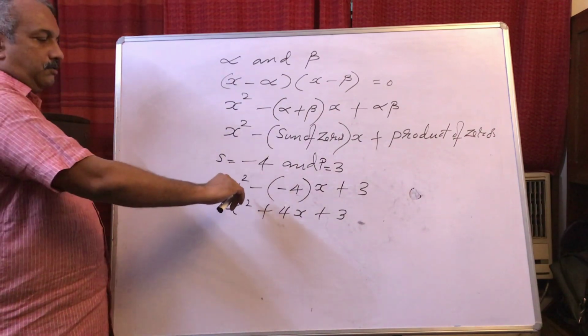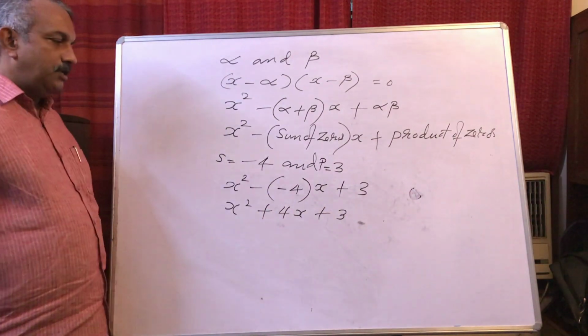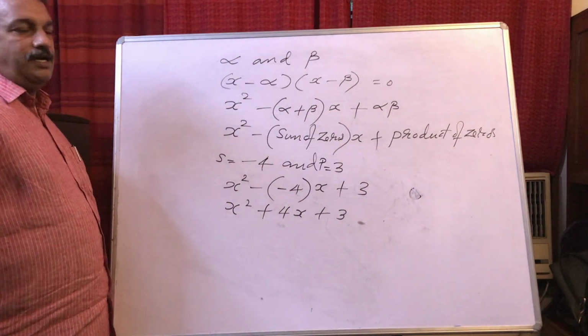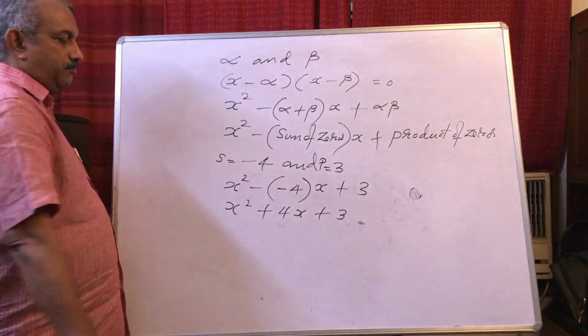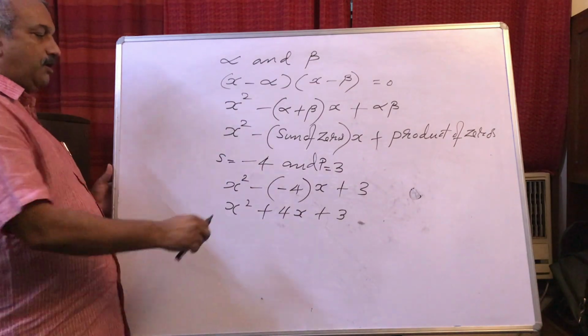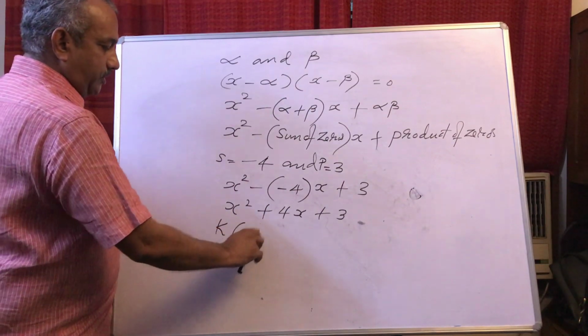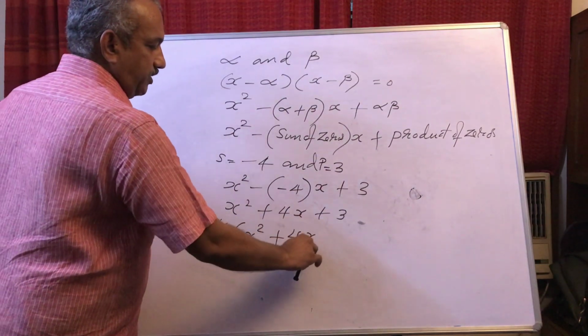So the quadratic polynomial whose sum and product of the zeros are minus 4 and 3 is x square plus 4x plus 3. But in the final answer, we'll write k into (x square plus 4x plus 3).